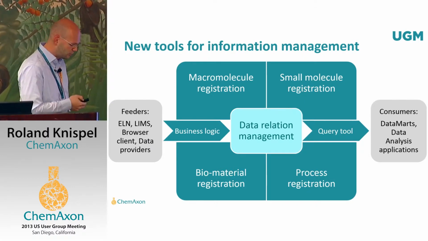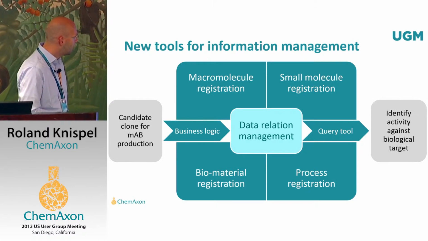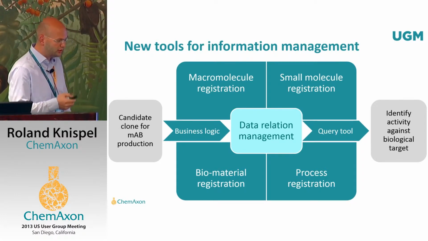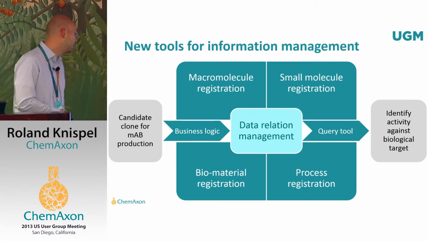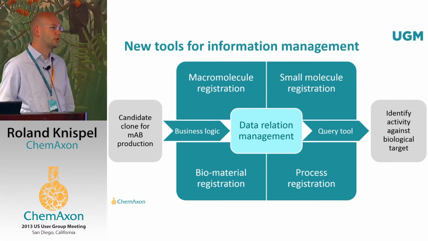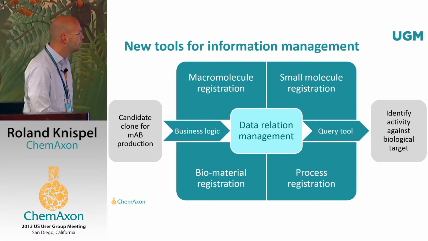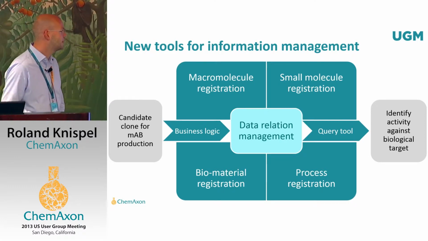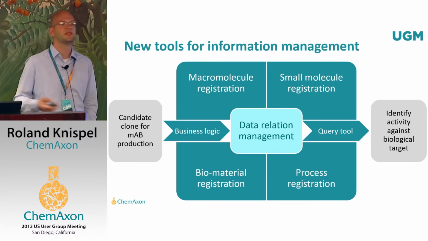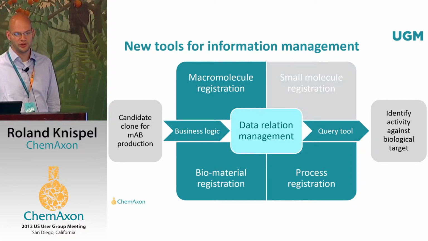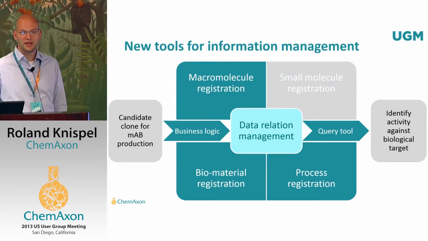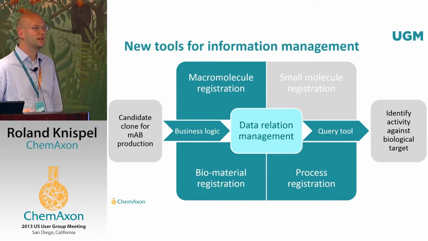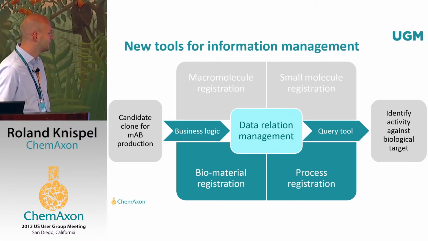Now, maybe a small illustration of how that could look in terms of this relation management. Look at a candidate clone for monoclonal antibody production. In the end, what you'd like to do is identify the activity or specificity against a specific biological target. And that's not really dealing with any sort of small molecule registration, so this is just disabled for this case.